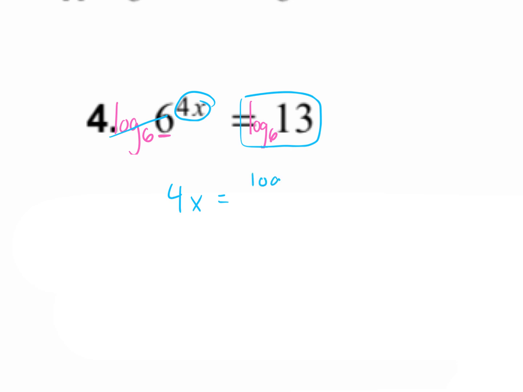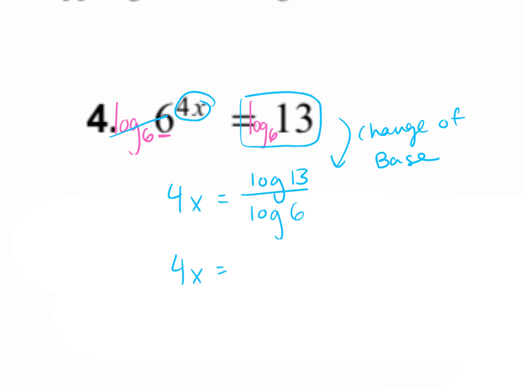Change of base. So log of what on top? Log of 13 over log of 6. Perfect. Here we have to do the change of base to put it in the calculator. So log of 13 divided by log of 6.